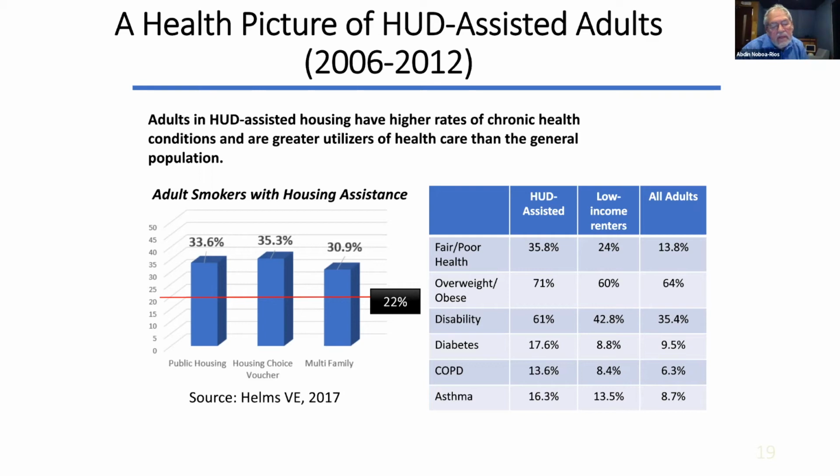And we see that the differences are stark, with HUD-assisted adults ranking with greater health disparities by double and triple rates. But when added cumulatively, the differences are even greater than those percentages.